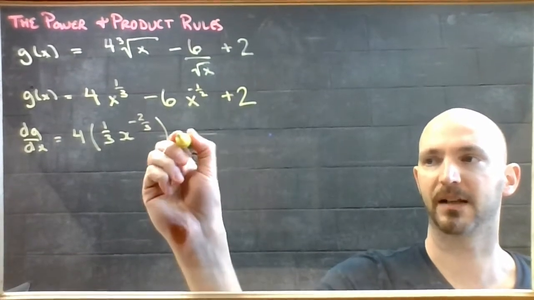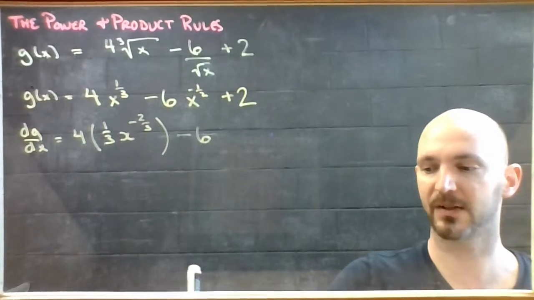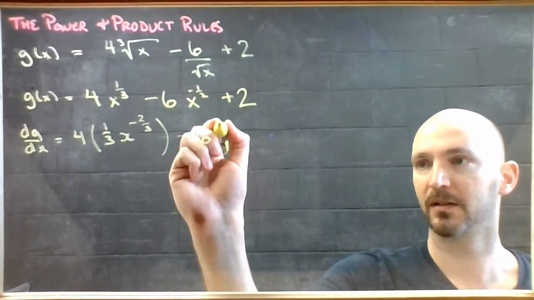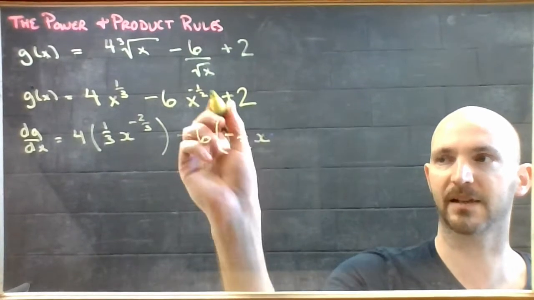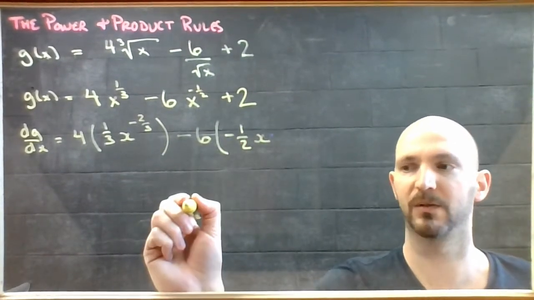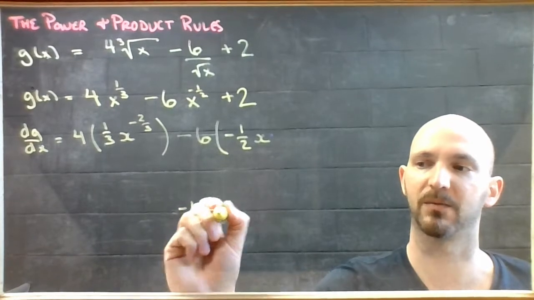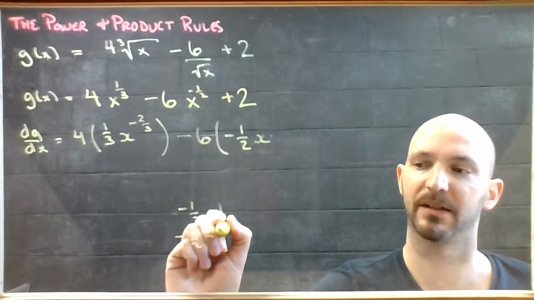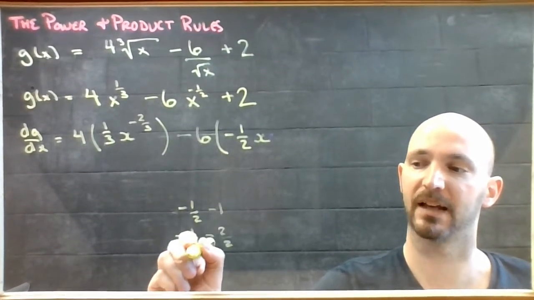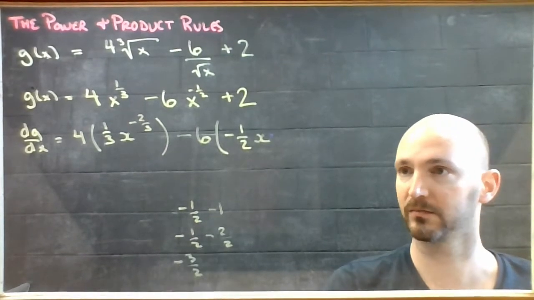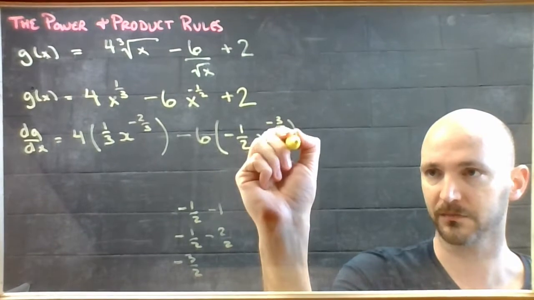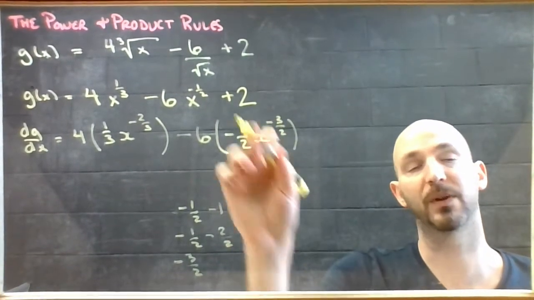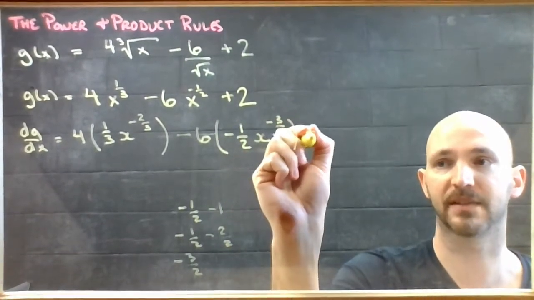I keep the -6, so keep the coefficients all the time. Take this exponent, write it in front, keep the x, subtract 1 from that. So -1/2 minus 1 would be -1/2 minus 2/2, which is -3/2. And the derivative of any constant just vanishes.